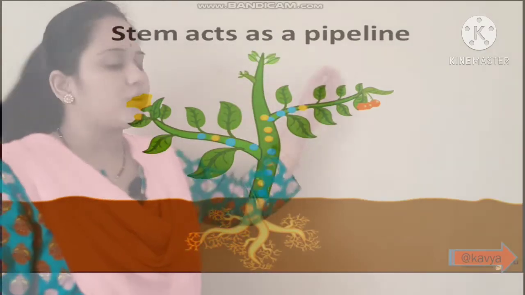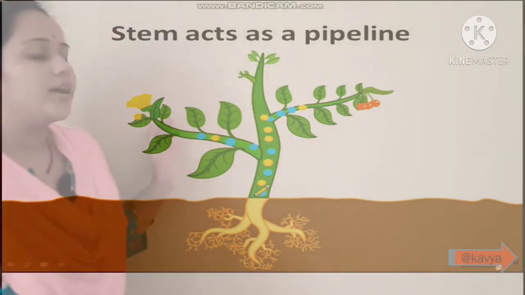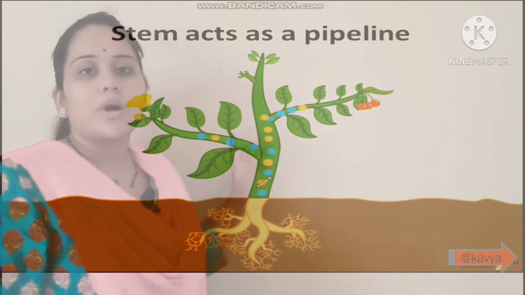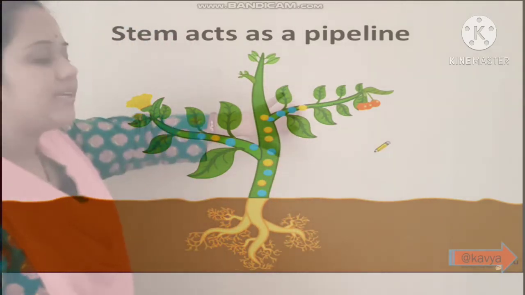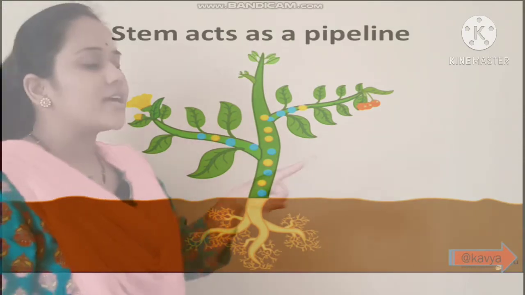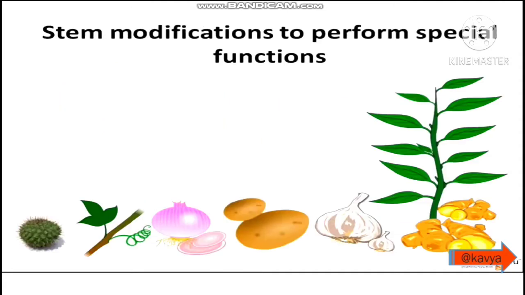We also saw the pipeline that conducts water and minerals to the other parts of the plant, and also the food prepared in the leaves to the other parts of the plant. Students, we also saw that certain plants can multiply by stem cutting. From a stem cutting, we can get a new plant. For example, rose and hibiscus.